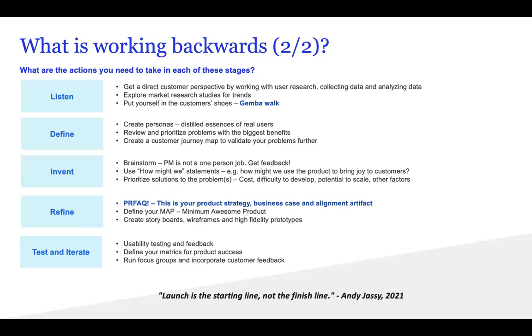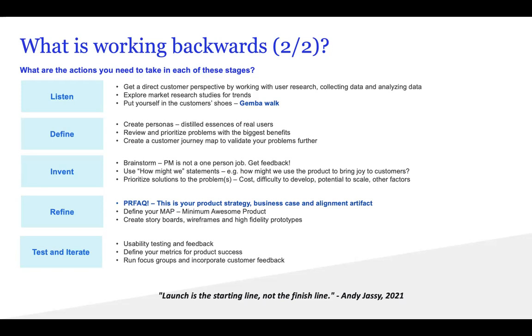When you build out an MVP, you're not going to be able to solve for all of those problems. So you want to solve for the biggest chunk of that problem that will build future stickiness with the customer. You can also utilize things like a customer journey map to map out your customer's end-to-end value stream journey. And that can also help you validate your problem.